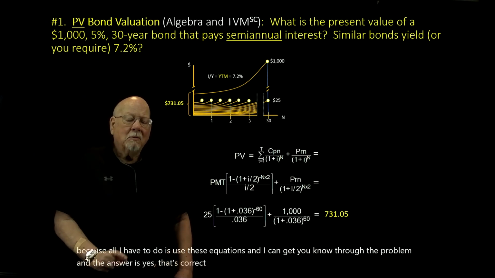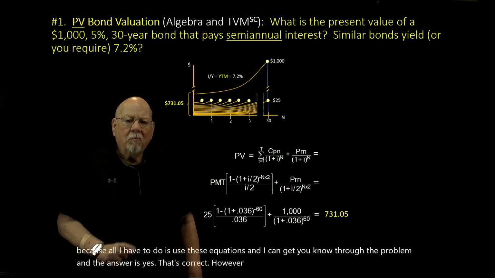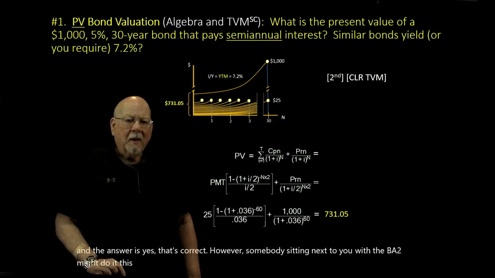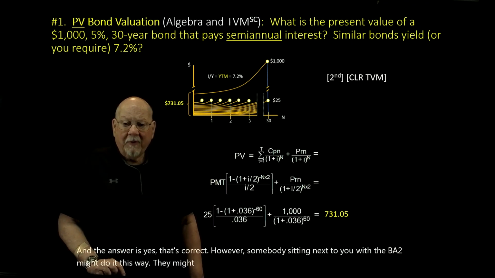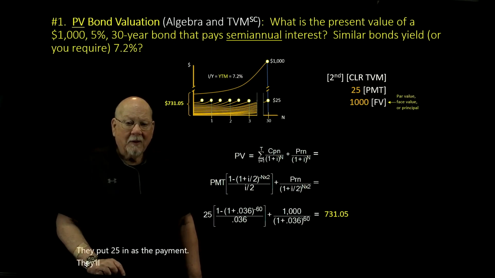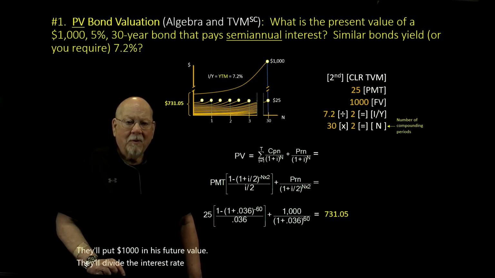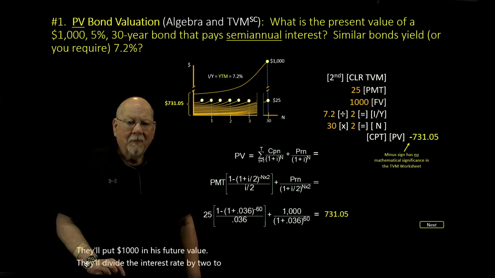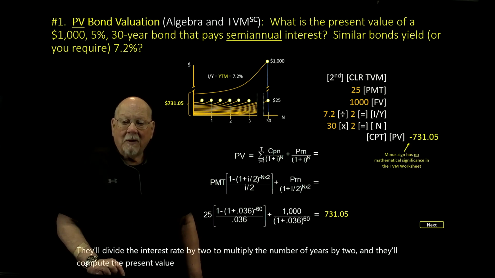However, somebody sitting next to you with the BA2 might do it this way. They might clear their TVM worksheet. They'll put 25 in as the payment. They'll put $1,000 in as the future value. They'll divide the interest rate by 2. They'll multiply the number of years by 2, and they'll compute the present value. And they get the exact same answer you got.